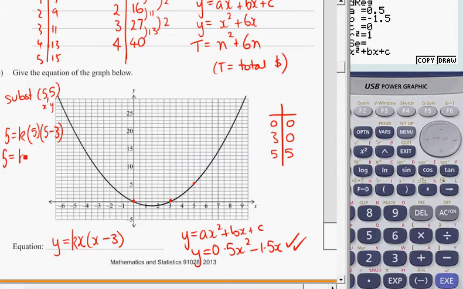So we get 5 equals k times 5 minus 3 is 2 times 5 is 10. K equals 5 divided by 10, k equals a half. So for those of us that do it by hand, y would equal a half x minus 3, which would be exactly the same as what you've got over here.